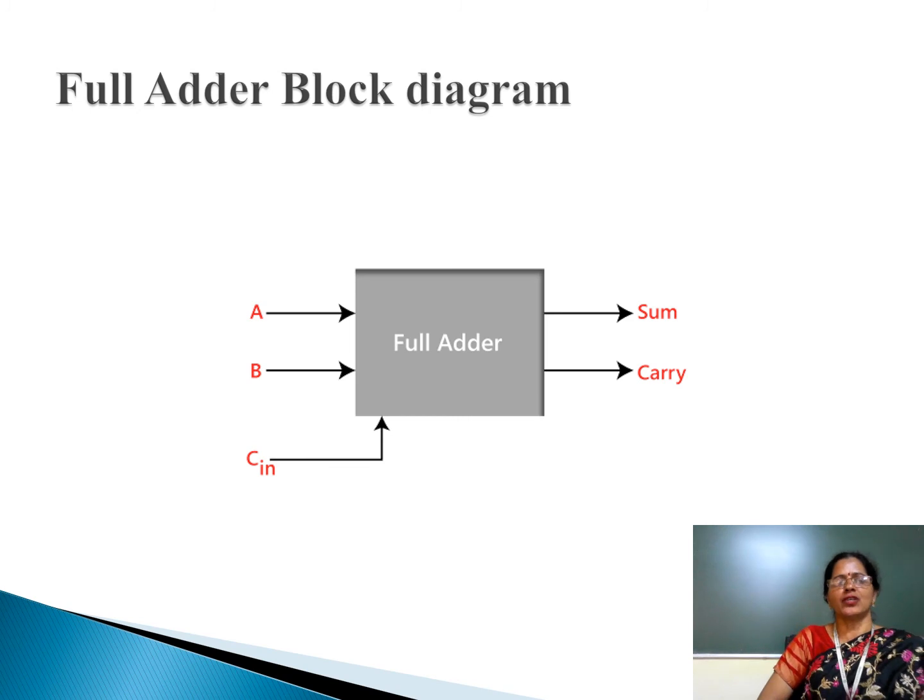But in practical life, are we always facing addition of only 2 bits or only 3 bits? No. In practical life, you must face the condition where you have to add 2 binary numbers having more than 1 bit, 2, 3 or 4 bits.